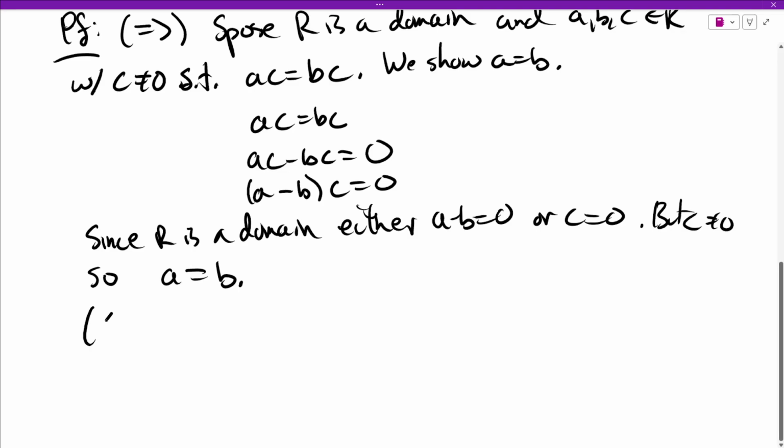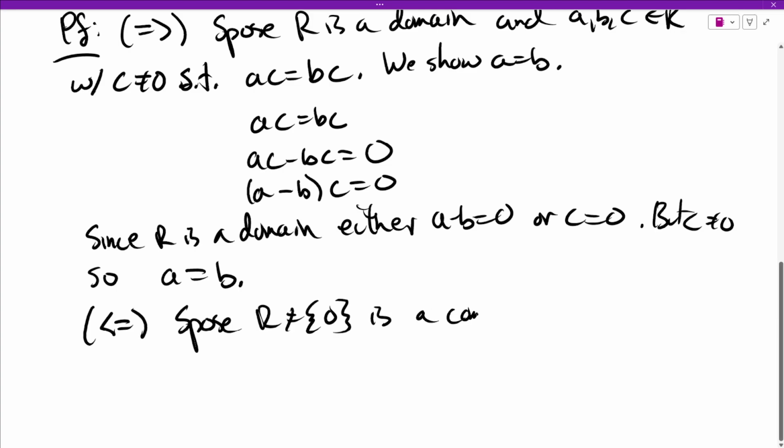Okay. For our reverse direction, suppose that R not 0 is a commutative ring with the cancellation law.